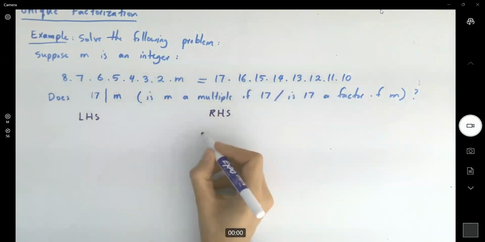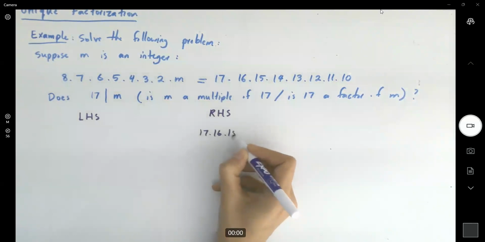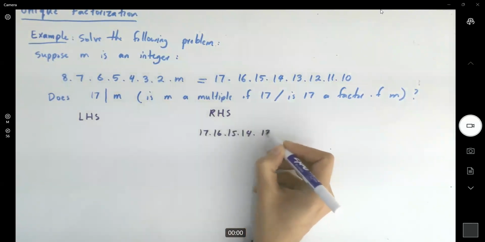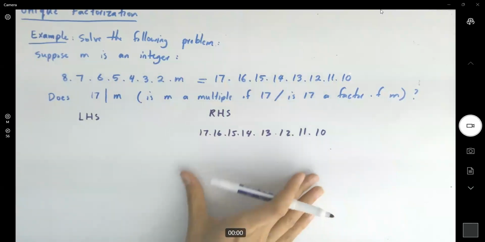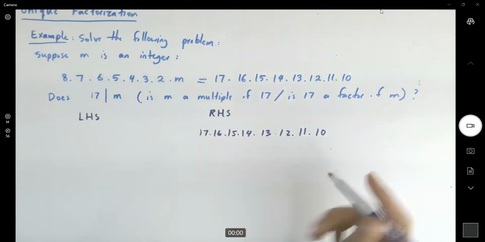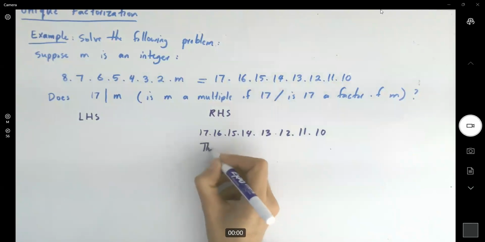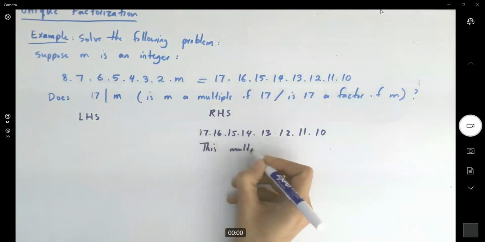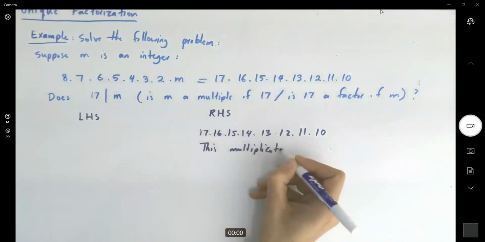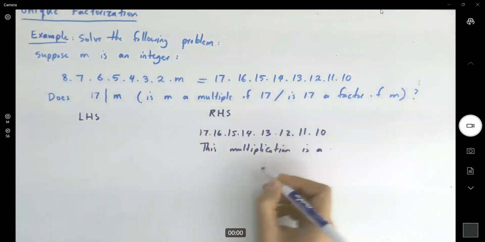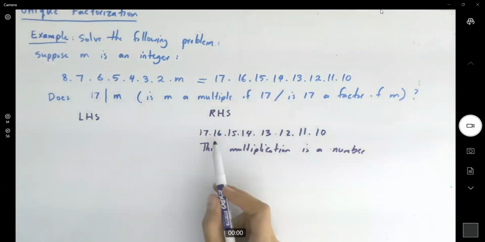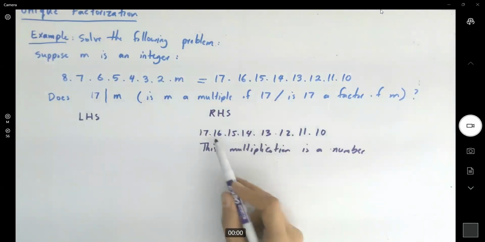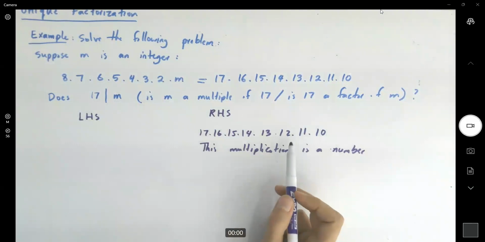The right-hand side, this multiplication, is just a number, whatever that number is.